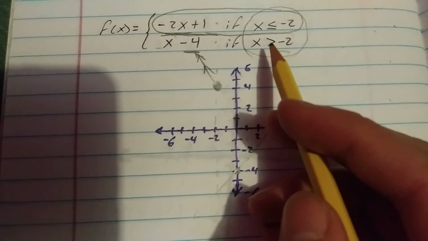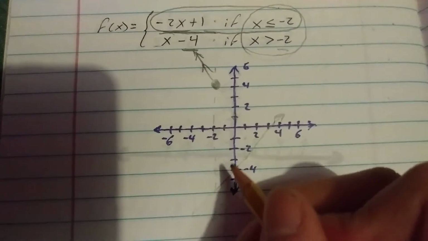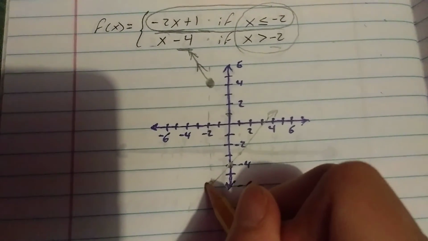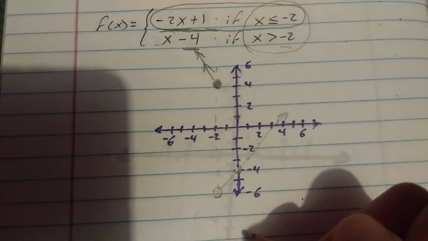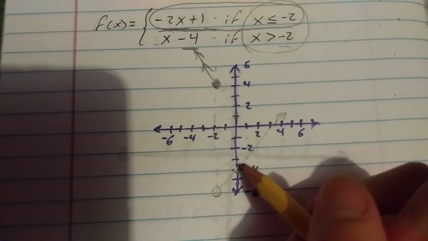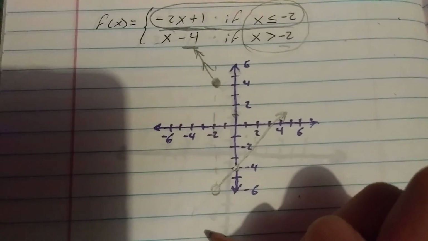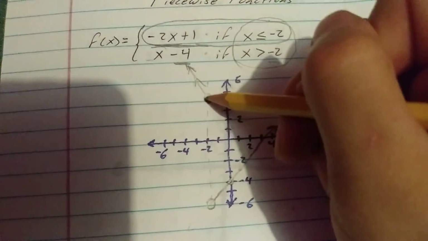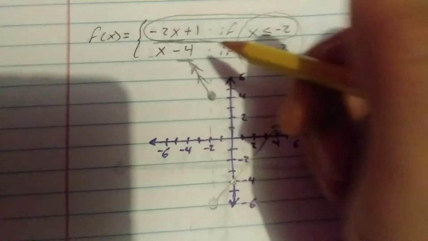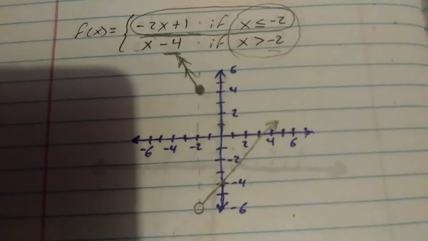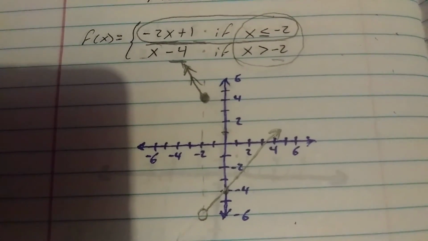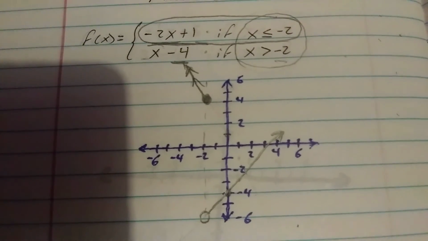It can be everything greater, but not -2. So at -2 on this point, I'm going to have an open circle, just like that. So my graph is going to go from here this way, and from here on upwards. And this is my piecewise function, the graphing of it.